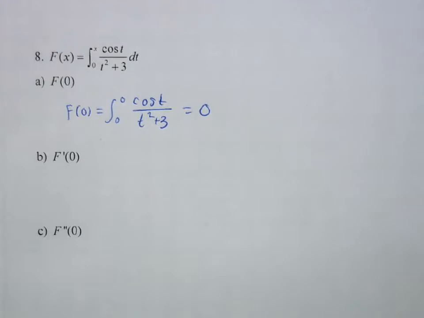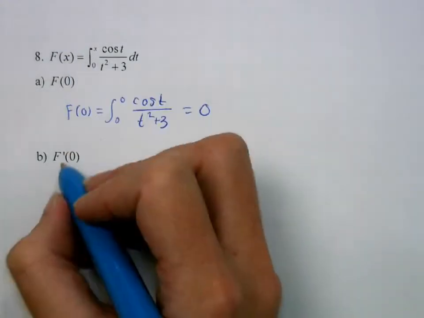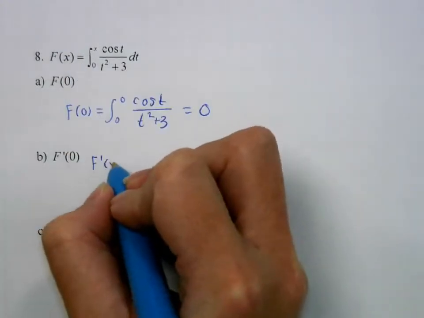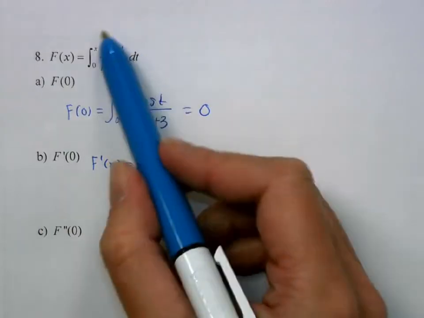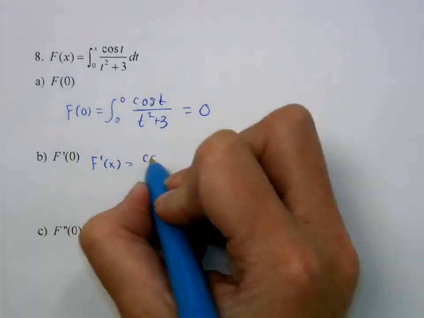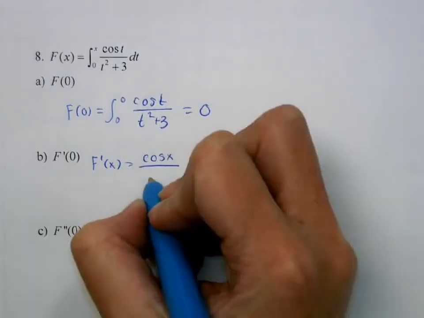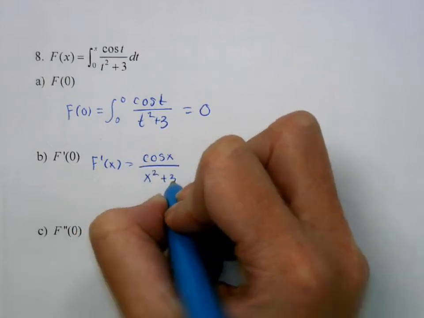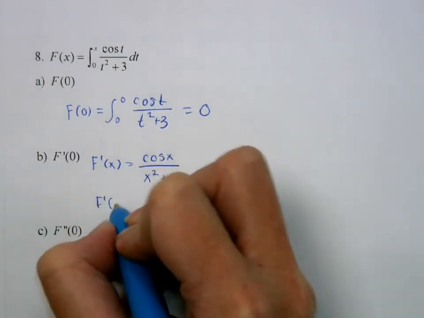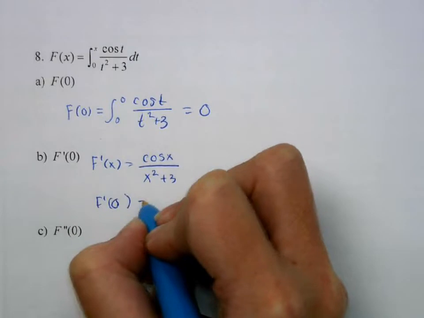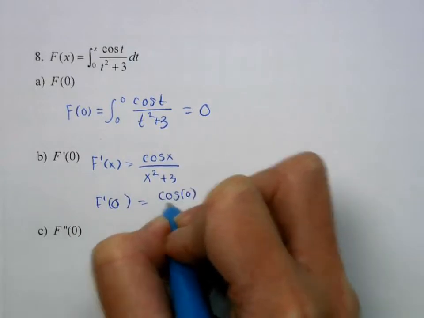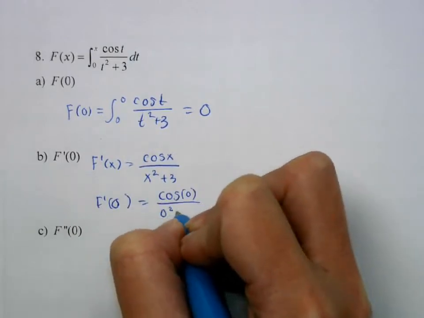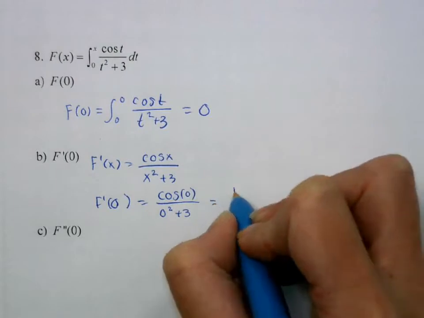Okay, F prime of x is going to be the derivative of this integral. So that's going to be cosine of x over x squared plus 3. So F prime of 0 is going to be cosine of 0 over 0 squared plus 3, which would be 1/3.